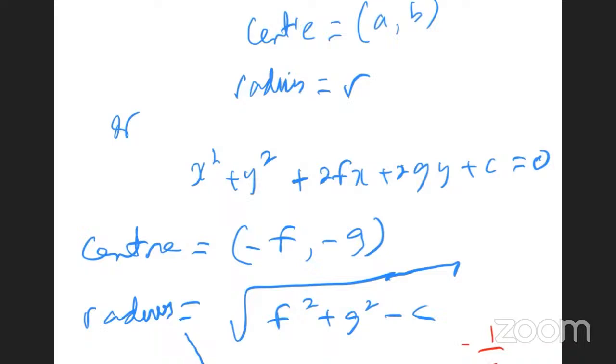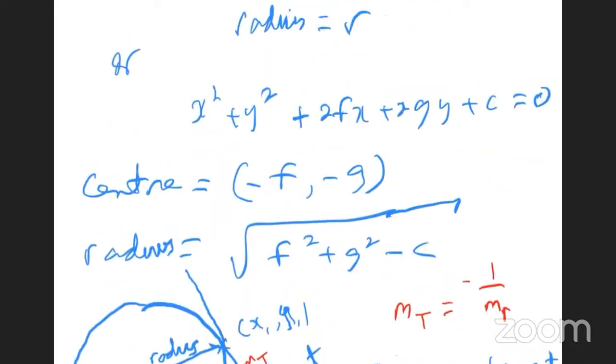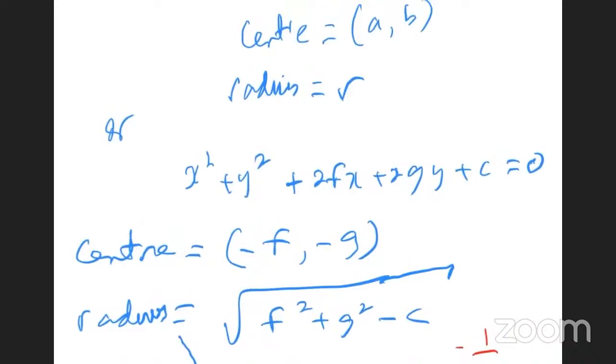So if you see the next form, x² + y² + 2fx + 2gy + c = 0, then the center is (-f, -g), and the radius is √(f² + g² - c). This one is like a general.